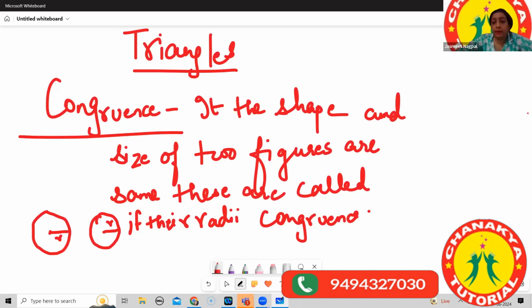Two squares are congruent if their sides are equal. So this is also congruent, right?